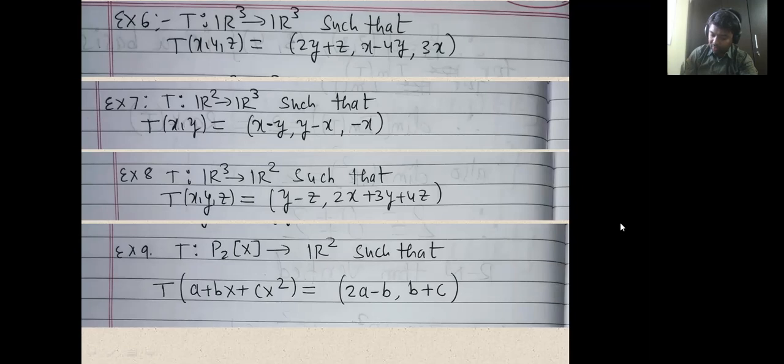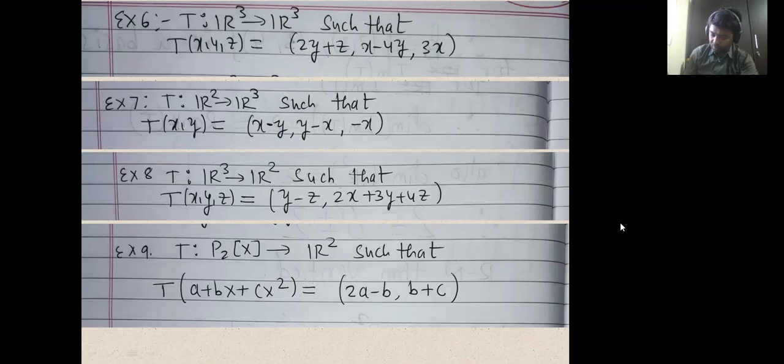Therefore x is equal to minus 7 upon 2 y. So we got the solution of the system, and now we'll substitute y as t so that we get the x value and z value.